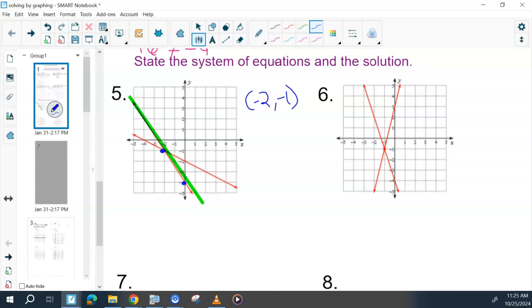So going up 3 over 2, and then if I keep doing that, up 1, 2, 3 over 2, I should end up at another point. So the equation of my green line that I highlighted is, let's actually do that in green, y equals -2 over 3x minus 4.